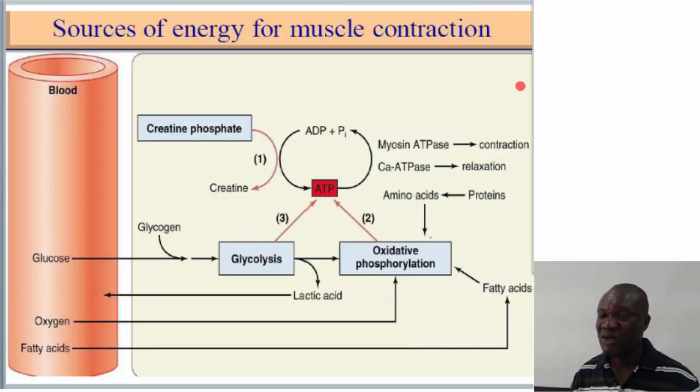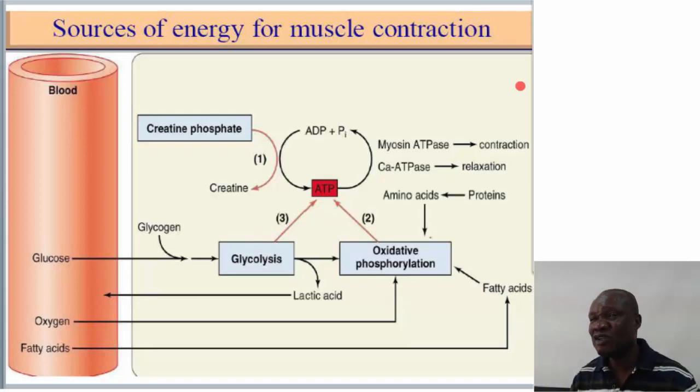Now, creatine phosphate is the immediate source of energy for the muscle. This produces energy at a faster rate, but very little ATP is produced. And within 5 to 8 seconds, the energy produced from this process is depleted.